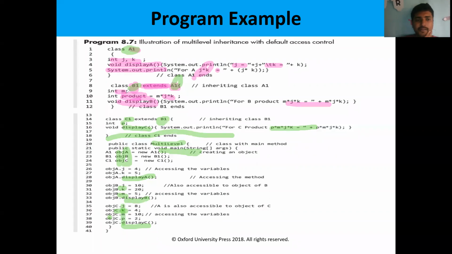In B1 we have the variable M, but J and K values are in the class A1. That means B1 is going to inherit A1, and in A1 we have J and K. For that purpose, we are accessing the J, K, M, P values. So that is the concept of inheritance, multi-level inheritance.